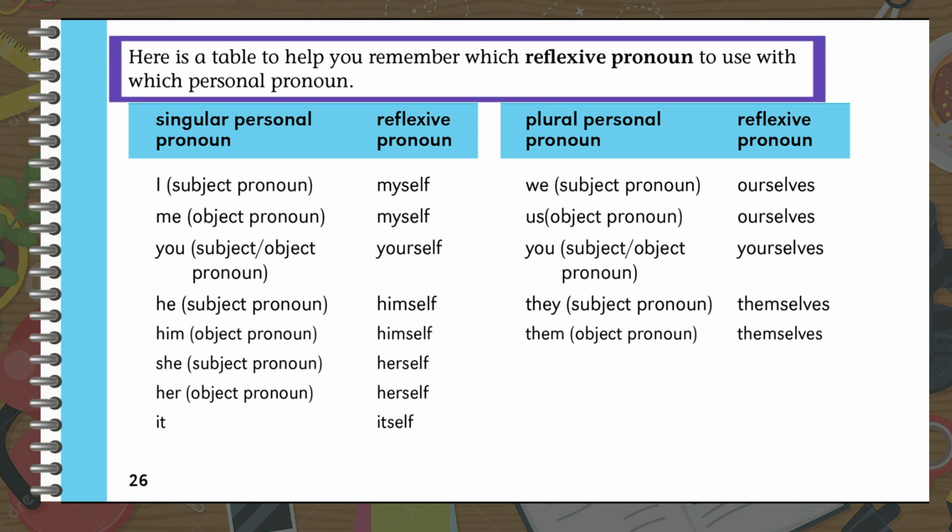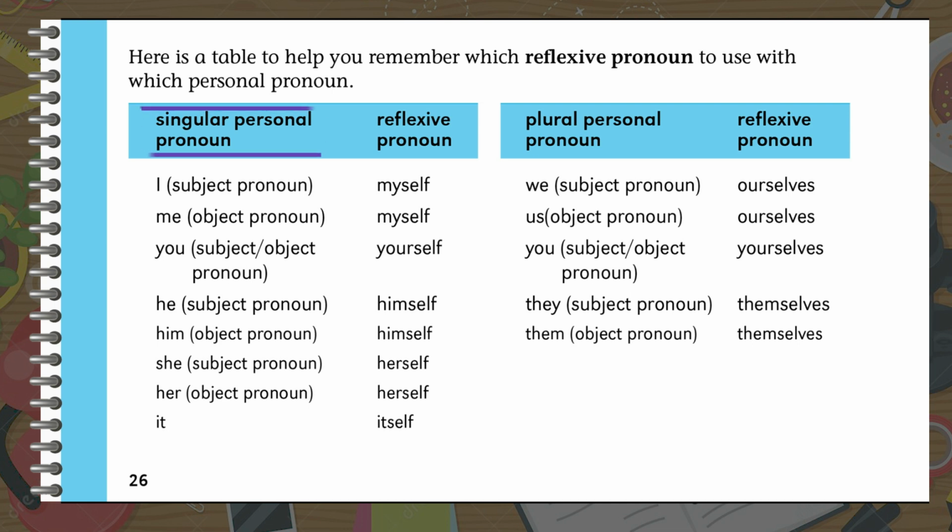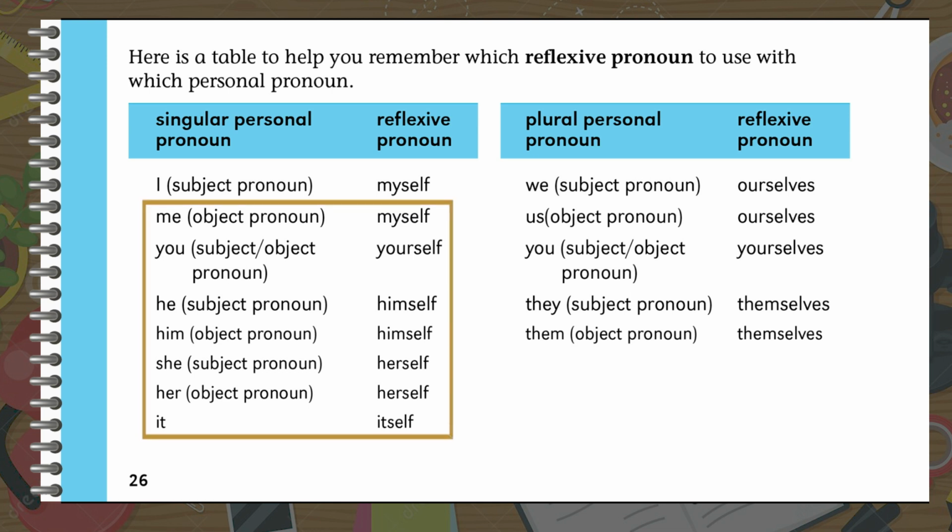Here is a table to help you remember which reflexive pronoun to use with which personal pronoun. Singular personal pronoun, reflexive pronoun. I, subject pronoun: myself. Me, object pronoun: myself.